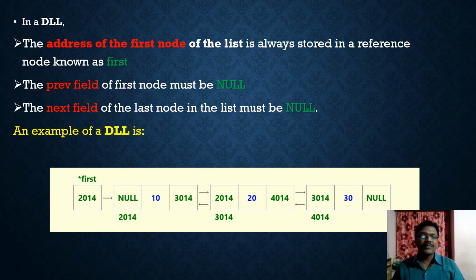The previous field of the first node must be null. And in the same way, the next field of the last node in the list must be null. It means in every doubly linked list, the first node's previous field and the last node's next field are null values.